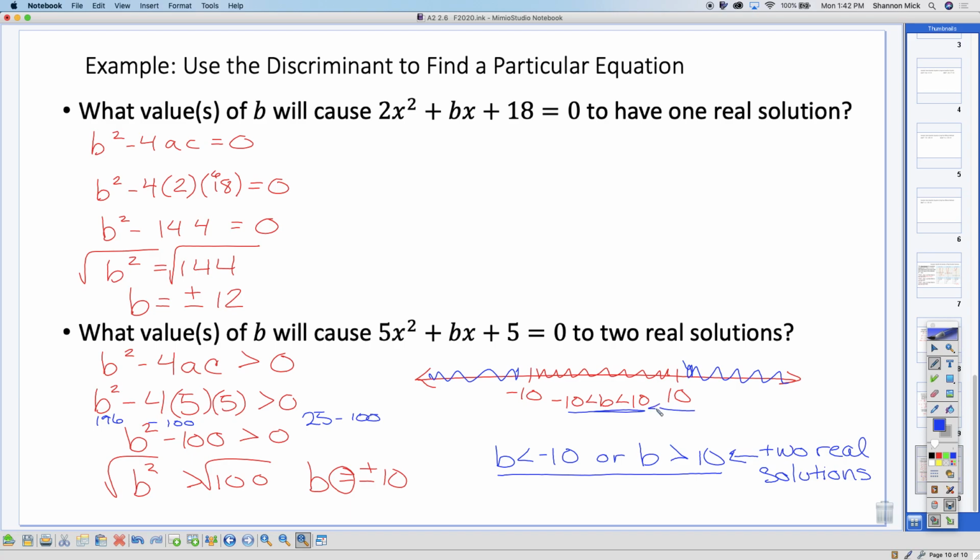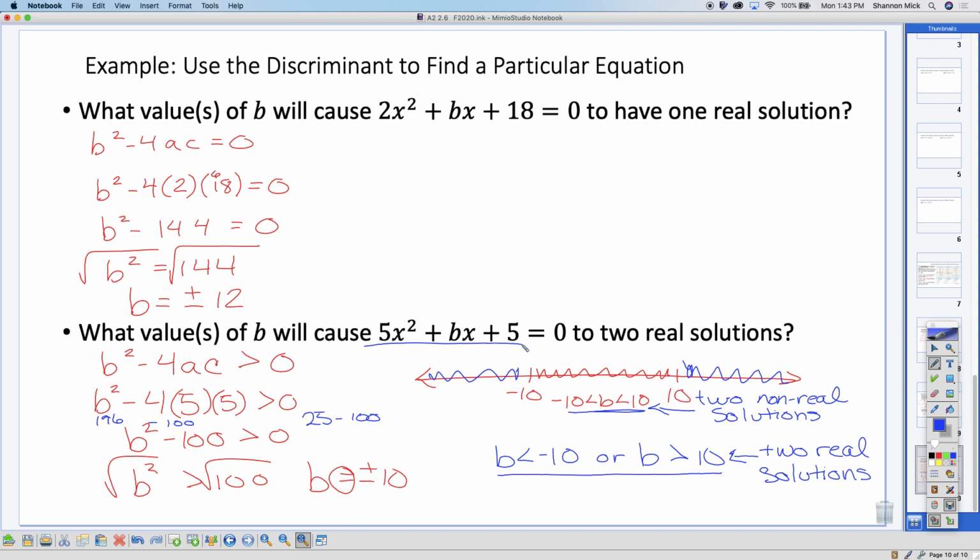So this would be two non-real solutions. So I didn't solve the problem any differently, did I? No. I just tested my answers differently. So what if you wanted to use the same equation right here and wanted one solution?